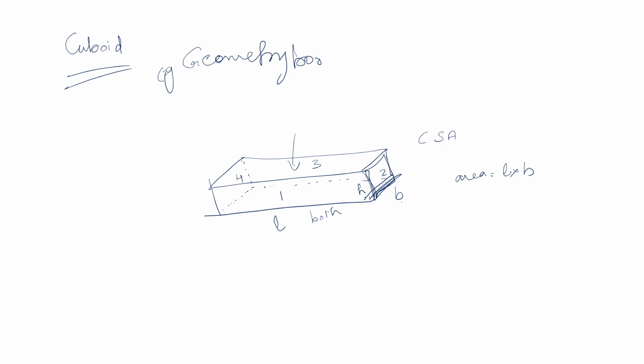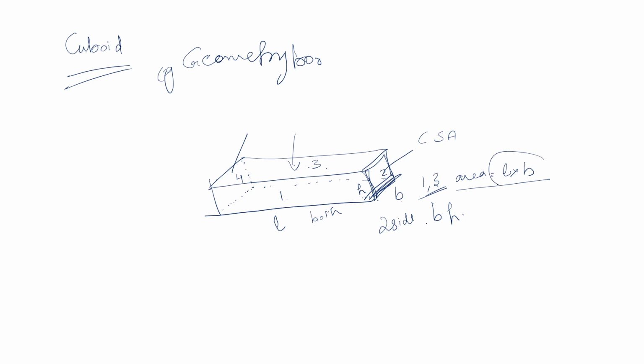This will be B into H. One top and one bottom will be of the area L into B. These two sides, this side and this side, that is 2 and 4, will be B into H. The other two sides, 1 and 3, will be of the area L into H.